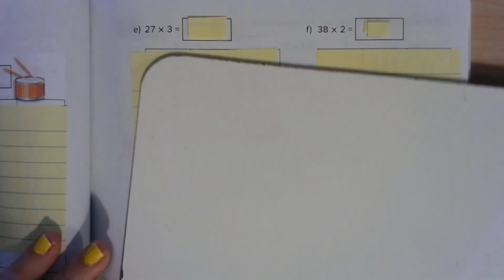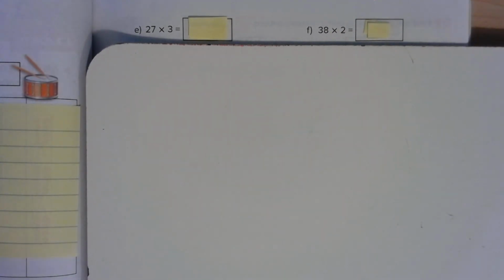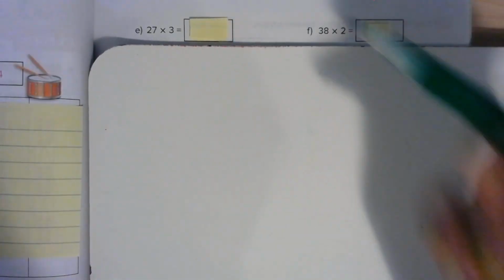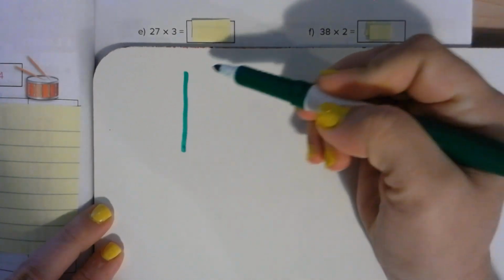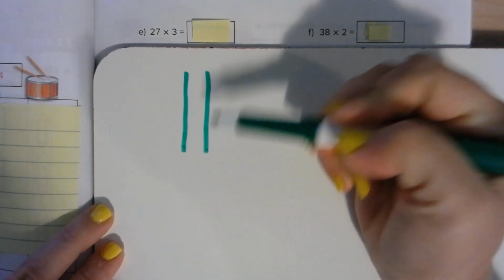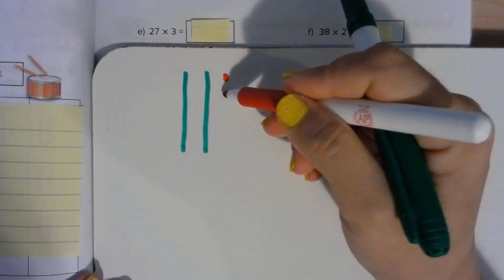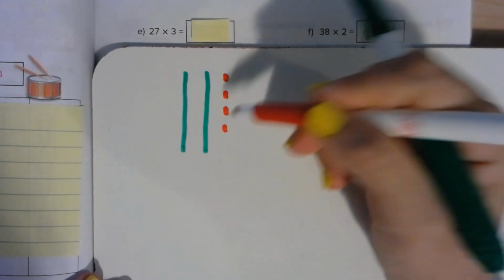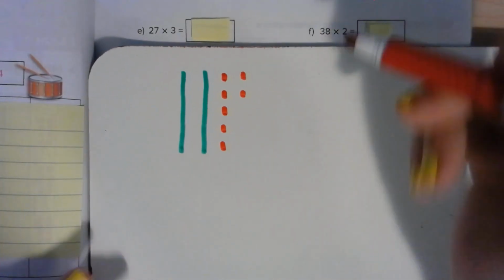27 times 3. For those of you who are drawing, let's draw 27 times 3. So I'm going to have 20, 1, 2, 3, 4, 5, 6, 7.